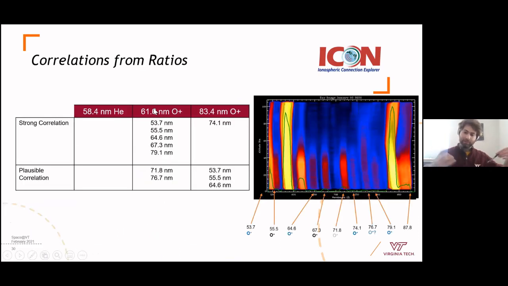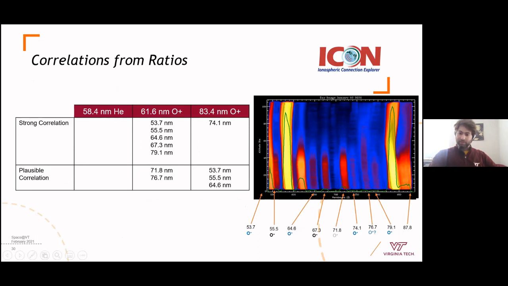And by going through that process for every wavelength, we can identify things that we expect to be dominated by O+ emissions, right? And things that we think could possibly be dominated by O+ emissions, right? Which is exciting because some of these were previously known and some of them were not.